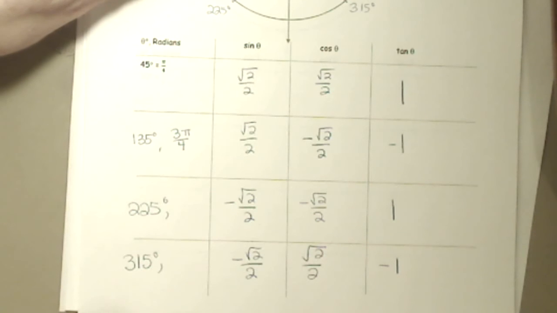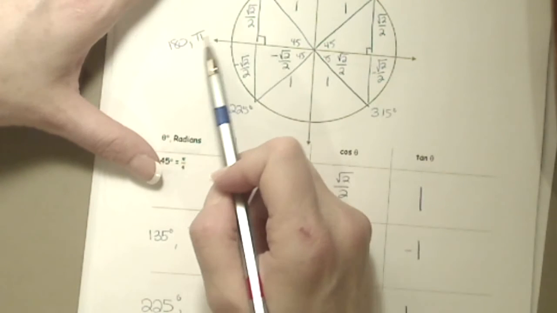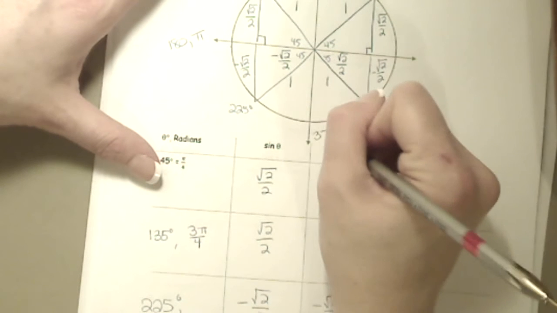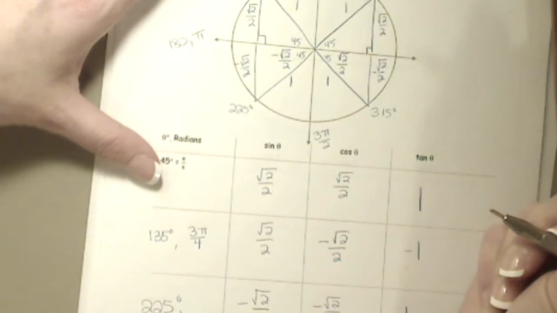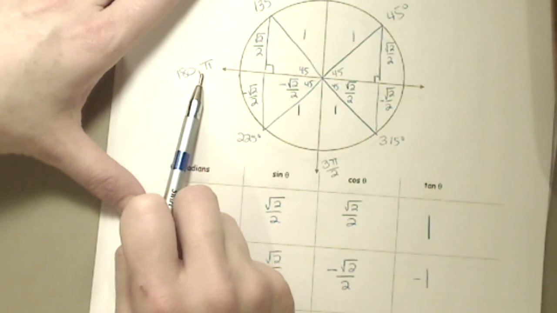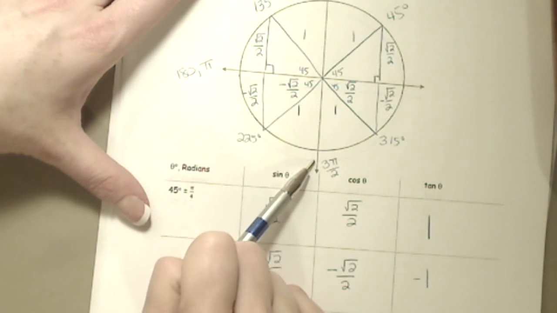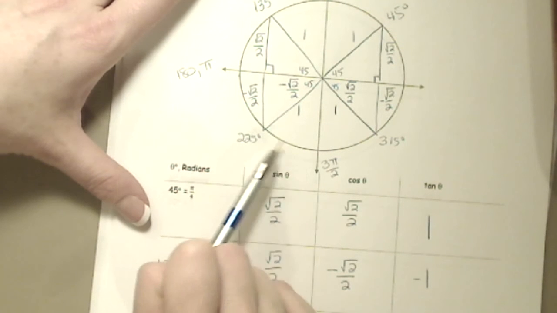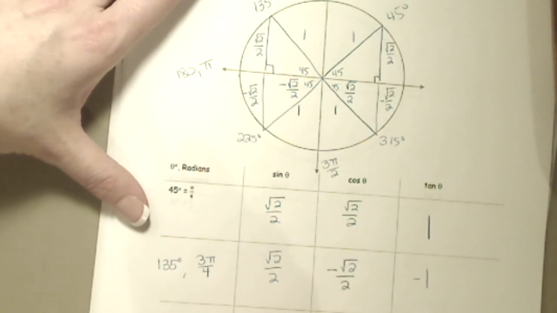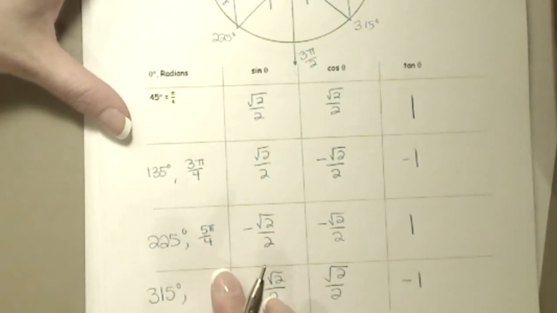So the question is, what would be the radian measure for these? Well, if 180 is pi, this is going to be 1.5 pi, or 3 pi over 2, or 6 pi over 4. So if this is 4 pi over 4, because it's 1, and 6 pi over 4, because that's 3 halves, this would be 5 pi over 4, which I just wrote down here.